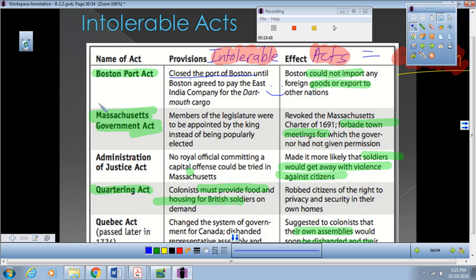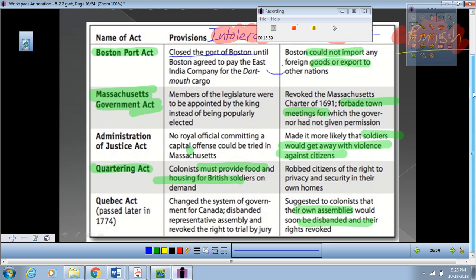They also involved a stipulation upon the Massachusetts legislature. Also, no royal official committing a capital offense could be tried in Massachusetts, so almost immunity for the royal officials in Massachusetts.